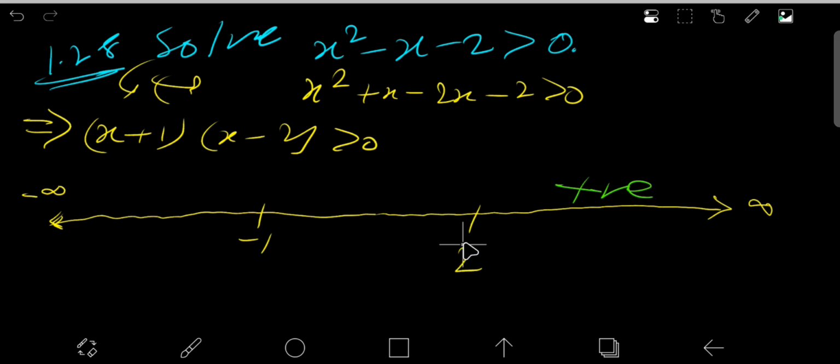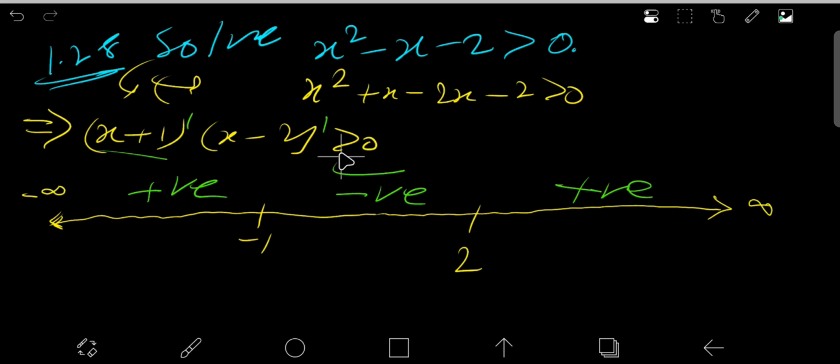Now at this root, the exponent is 1, and 1 is odd. Odd means the sign changes from positive to negative. And the exponent of minus 1 is also 1, which is odd, so the sign changes from negative to positive.